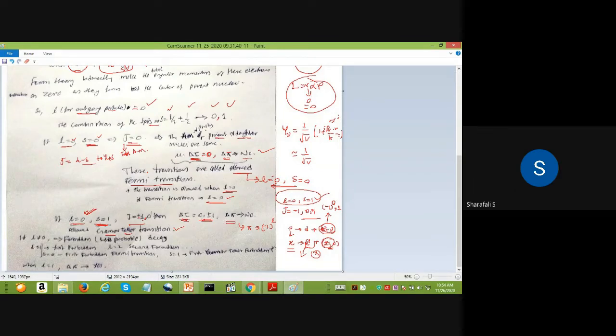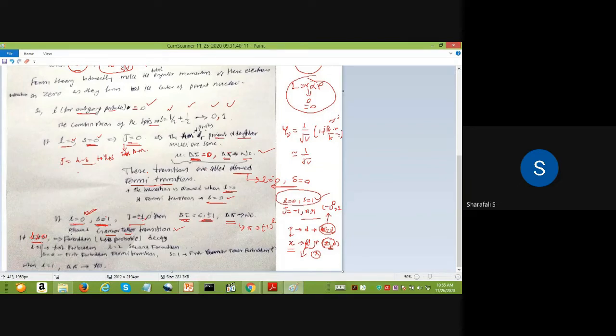Now, if you consider any higher order L values, which means that your L is not equal to 0, under this condition, such kinds of transitions are forbidden. What we mean by forbidden is that it is less probable.